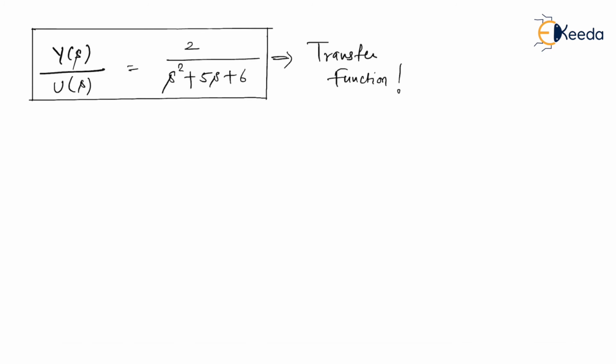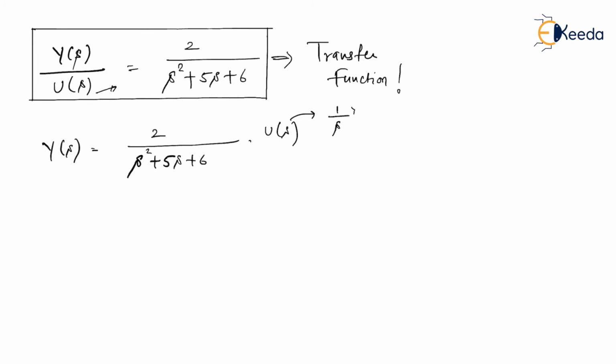But they are not only asking for transfer function, they are asking you for y of t also. So if you want y of t, then you must transfer first of all u of s to the right hand side. Then it would be y of s equal to 2 upon s square plus 5s plus 6 times u of s. And you should know that u of s is nothing but 1 by s.